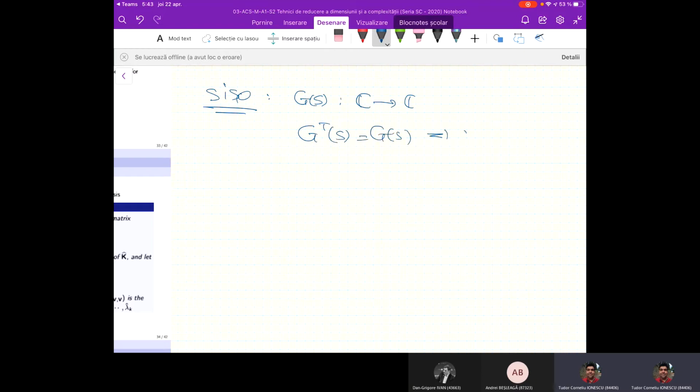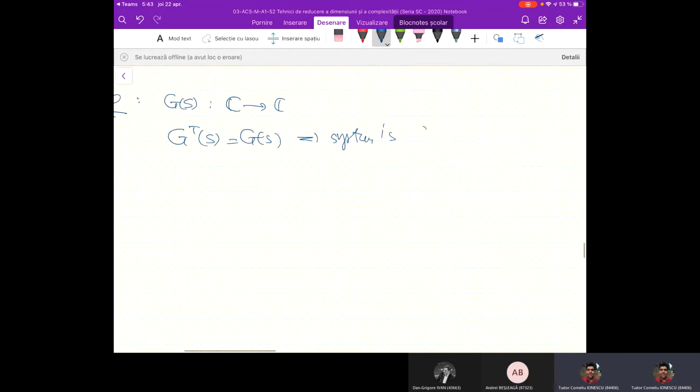That means that the system is symmetric, we call it. That means that there is a coordinate transformation such that T inverse AT is A transposed, T inverse B is C transposed, and CT is B transposed.